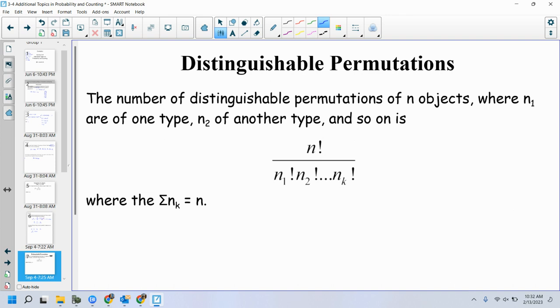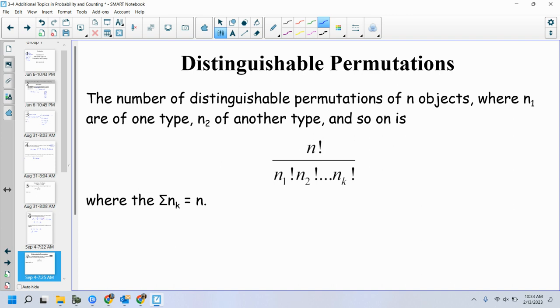This would change it a little bit because now we have what are called distinguishable permutations. The number of distinguishable permutations of n objects where n1 and n2 are different types, different sets, different groups, and so on. I could have any number of groups, k groups, they call it. What I can do there is multiply all of the factorials together on the bottom.